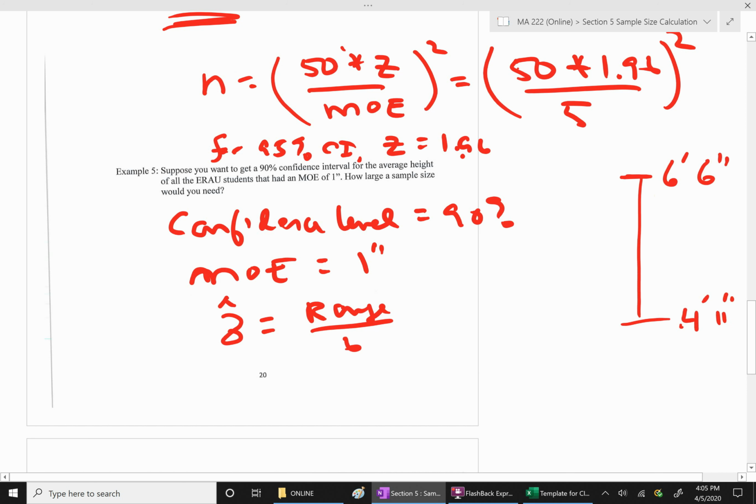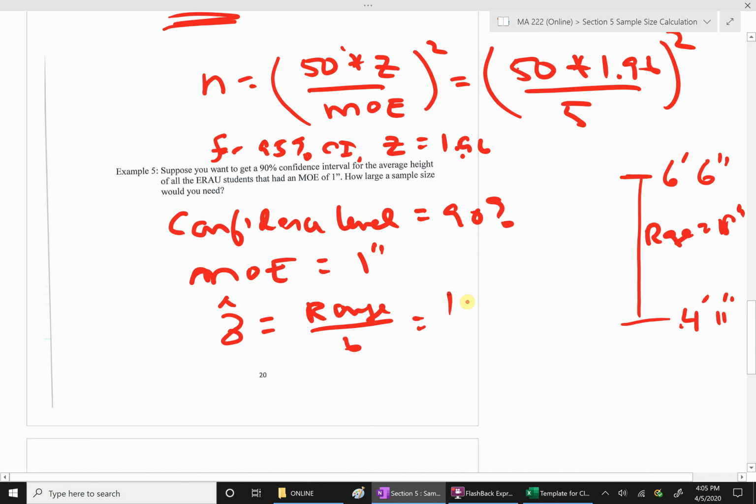Seems pretty reasonable, right? So here we'd have a total of 17 inches for the range. And we'll make it 18 just to make it easy here, okay? So maybe we'll make this 6 feet 6.5 inches and 4 feet 10.5 inches, right? So we'll make the range 18 inches.